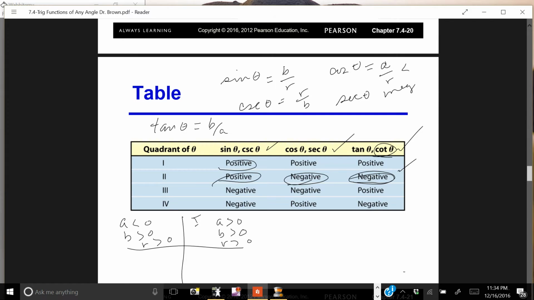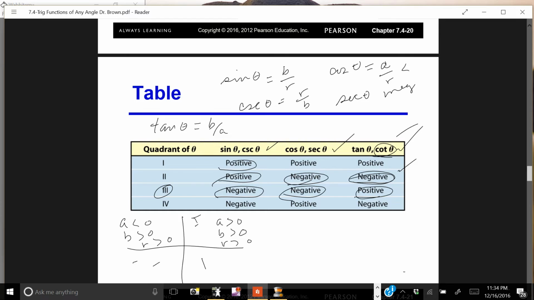You can go ahead through these and look at a or b, and then you'll find in quadrant 3, sine and cosecant are negative, cosine and secant are negative, but the tangent, which is b over a, and both are negative here, it would be positive, and then the cotangent would be positive.